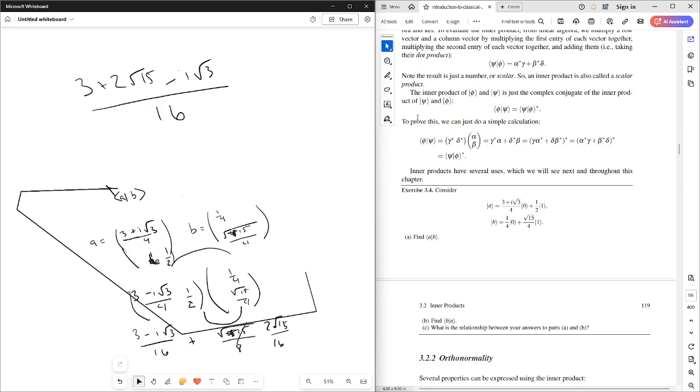And so to find the inner product of B and A, we could go through the whole process again. But they state here that if we find the inner product of psi and rho, then the inner product of rho and psi is simply the complex conjugate of that inner product. So BA is just equivalent to the complex conjugate of AB.